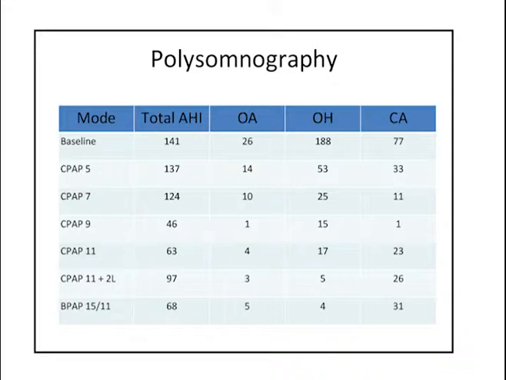This led to the addition of oxygen at 2 liters. It fared poorly. And finally, at the end of the sleep study, the sleep technologist was frantic on what to do and tried BiPAP and equally was unsuccessful.